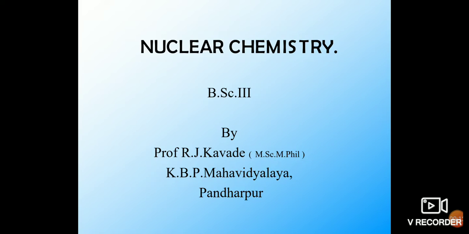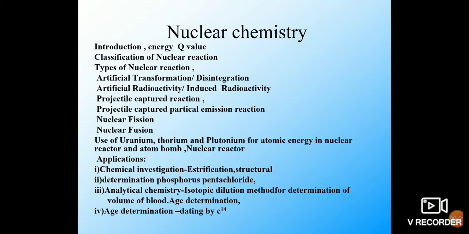Today we are going to discuss the topic that is nuclear chemistry. Here in this nuclear chemistry, the syllabus allotted under this topic is, first of all, we'll have to study the introductory part of the nuclear chemistry, then classification of nuclear reactions, then types of the nuclear reactions.